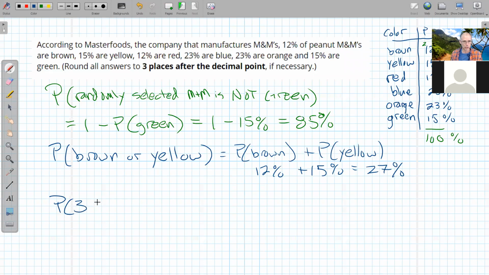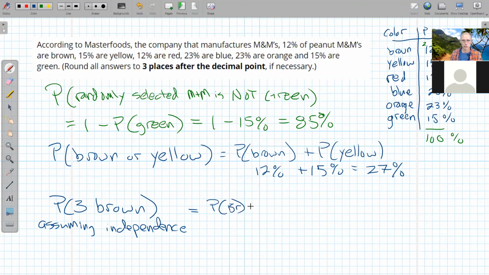So the probability of getting 3 brown, again assuming this is independent, would just be to multiply the probability of brown by itself. So probability of brown times the probability of brown times the probability of brown.